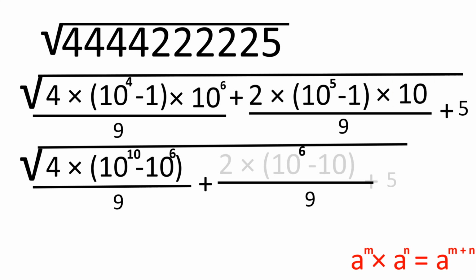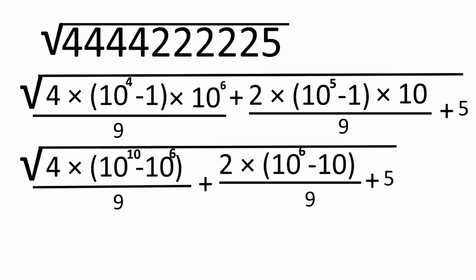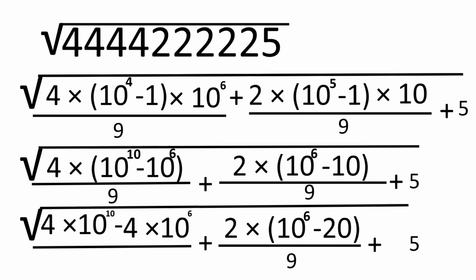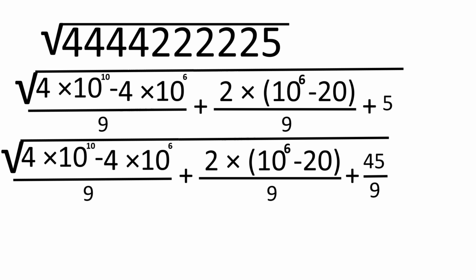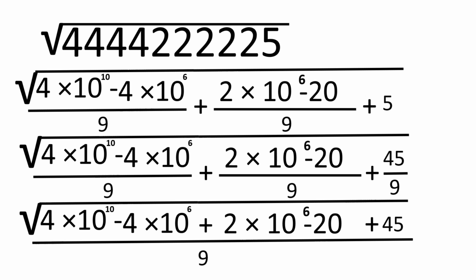Similarly here, 10 to the 5 times 10 is 10 to the 6, and that minus 10. Now let us open the brackets for this case, and then for this case, like this. Next we will make this denominator common for all by writing this 5 as 45 divided by 9. So now we can keep all of them under one denominator. Now this 45 minus 20 is 25.